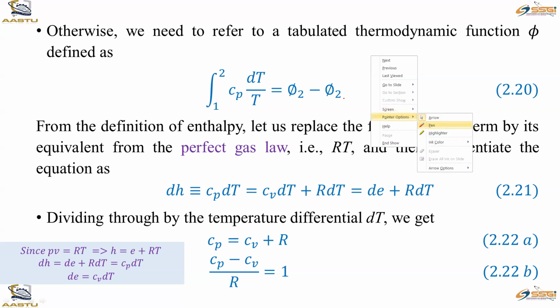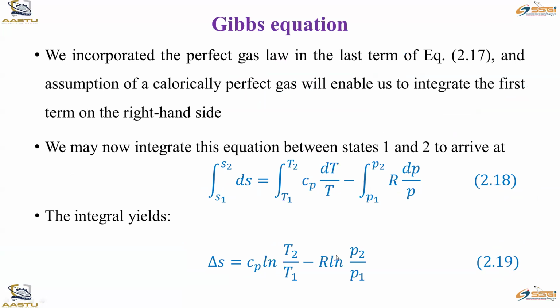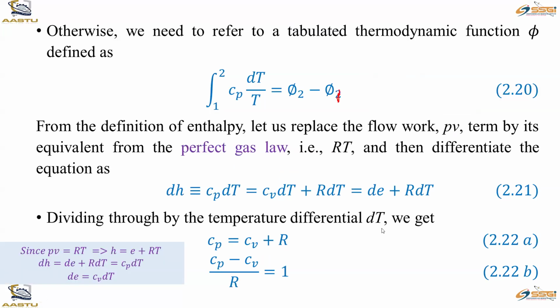This is not pi 2, it is pi 1. Pi 2 minus pi 1 is the integral of Cp dT over T from point 1 to 2. This is actually our main formula.